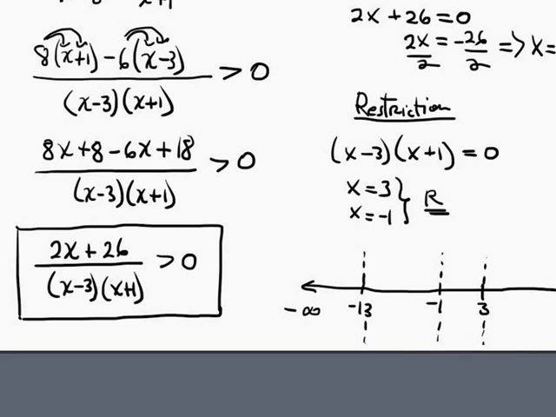In order to select the testing point, you select, for example, here negative 14. In this interval I select negative 2. In this interval I select 0. In this interval I select 4.